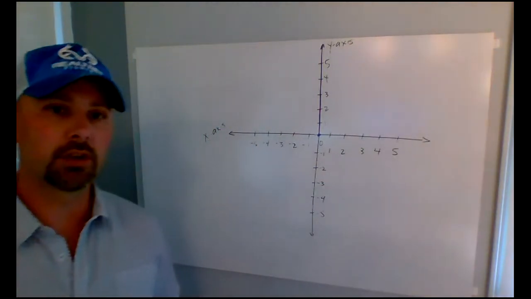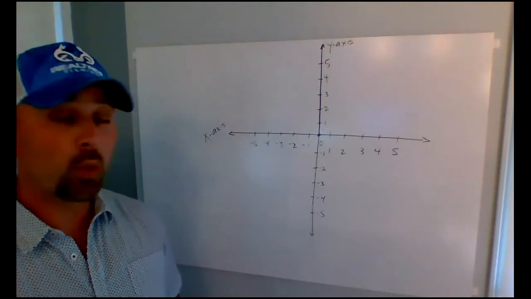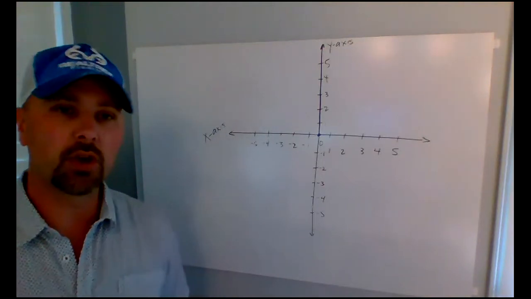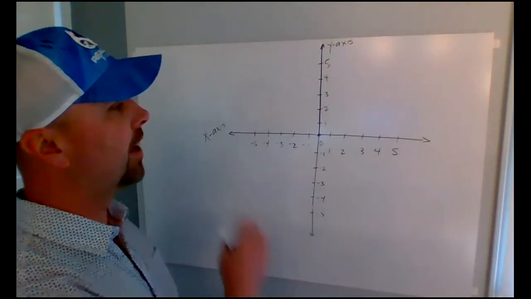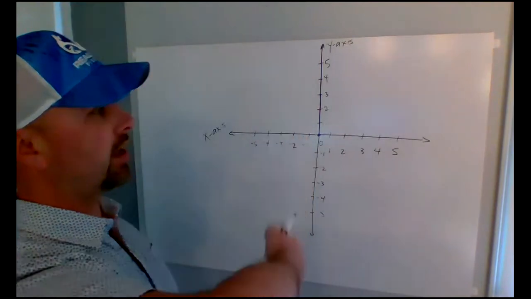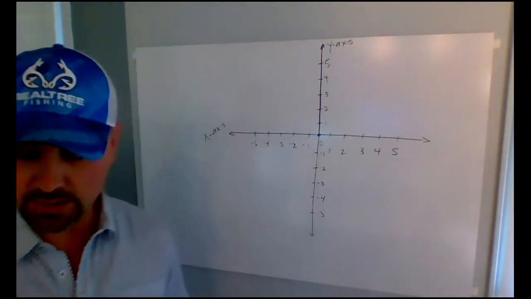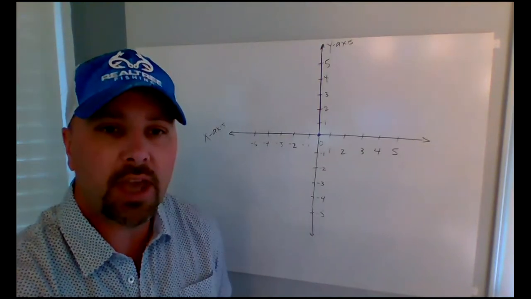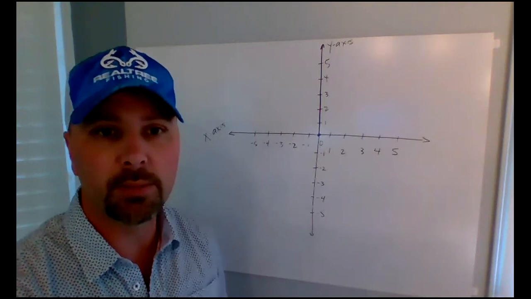Okay, so this is called a coordinate grid. It is a way that we can show relationships between two things. It's two-dimensional, it's flat, but we have width and height. And what makes this unique is that we can locate any spot on the grid using numbers from each number line.